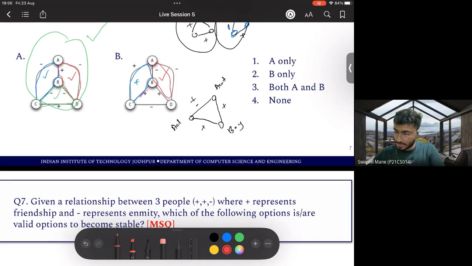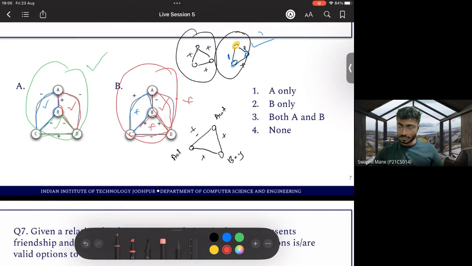This also has two positives and one negative, as in the uncle and aunt example with the boy node, where there are two positive relations and one negative relation. This is not stable. So overall, this network is not balanced. Only option A, that structure, is balanced.